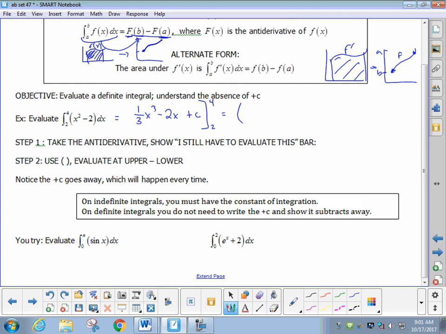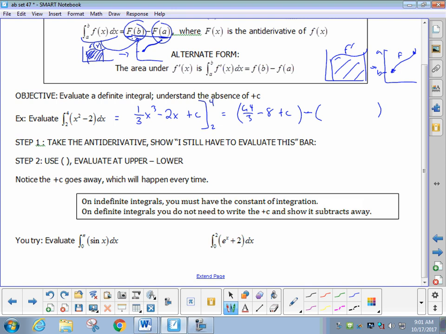Now, the idea is that you evaluate that antiderivative at the upper limit, this one. So if I plug 4 into that, I get 64 thirds minus 8 plus C. Notice the heavy use of parentheses. It's crucial that you enclose.